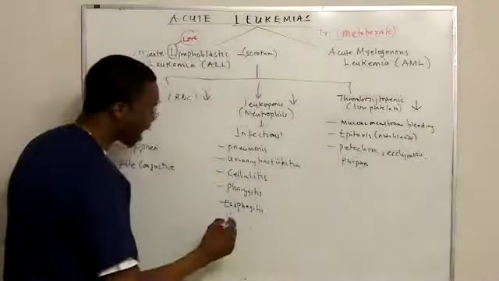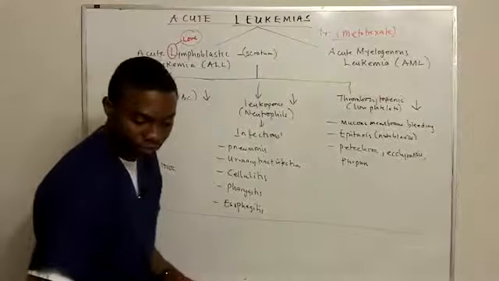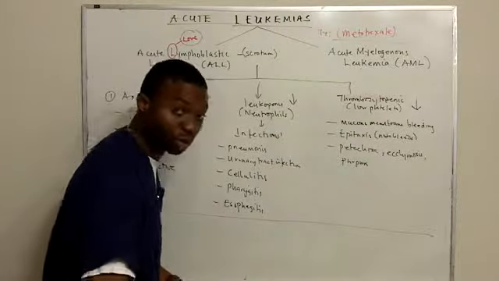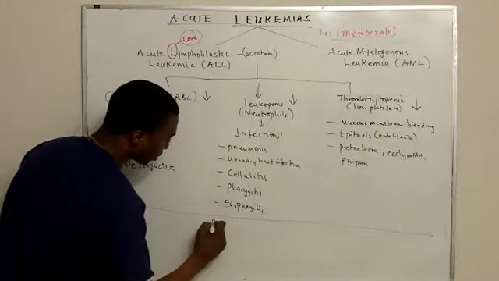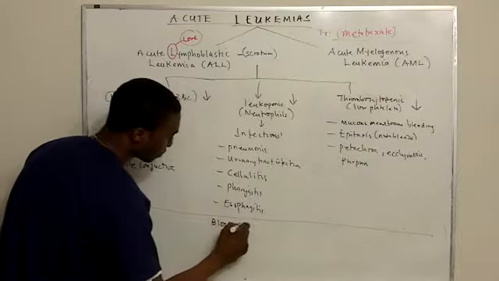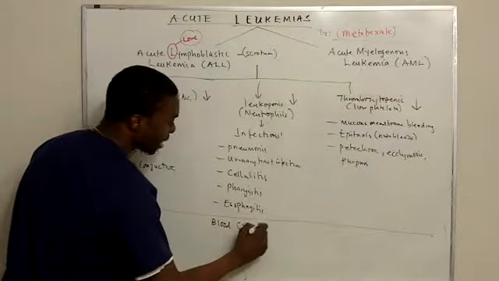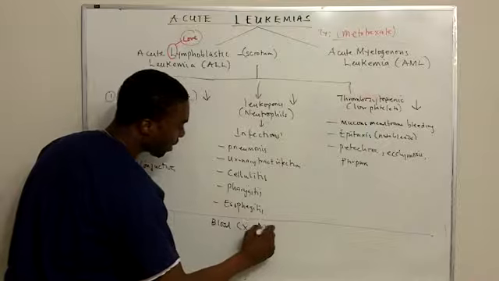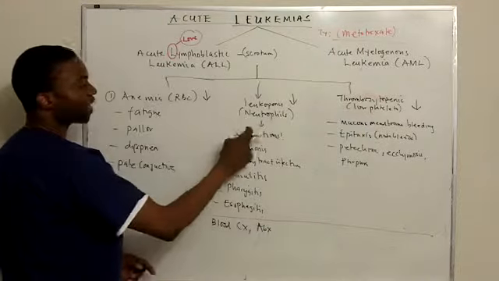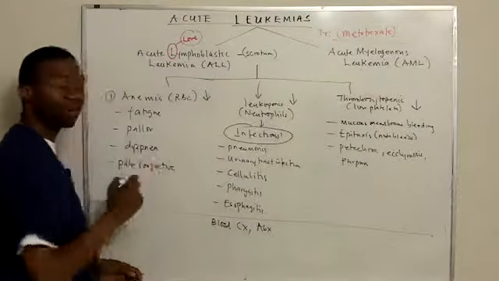So I'm going to put treatment under here, and the treatment is going to fall under each of them. So for treating, you want to order blood cultures, and you want to give them antibiotics to be able to fight any kind of infections.